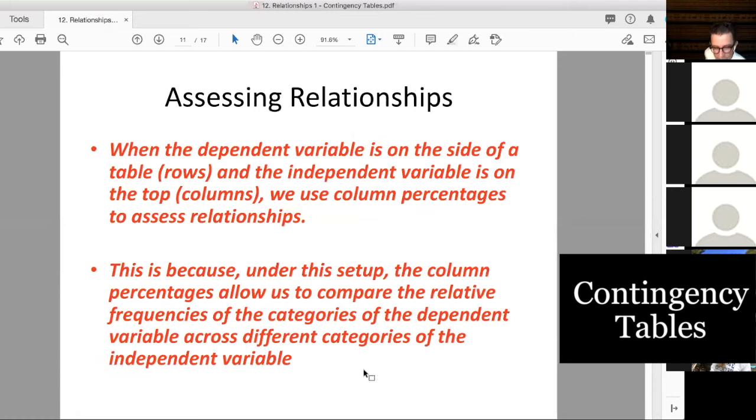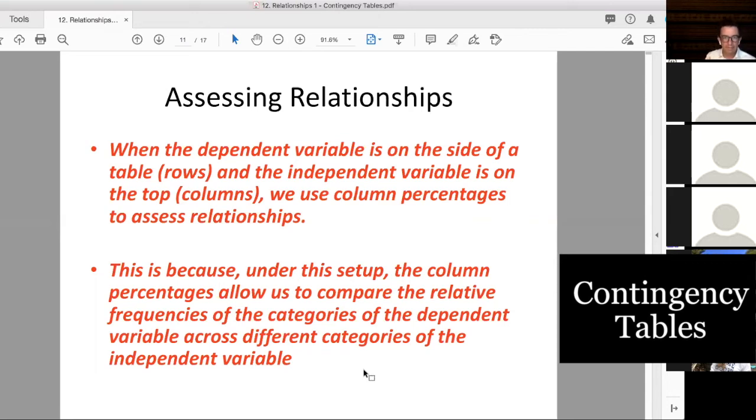Okay. Now, when we want to assess relationships, we have to be careful about which one is the dependent and the independent variable, right? When the dependent variable is on the side, on the rows, and the independent is on the columns, we use the column percentages to assess relationships, right?